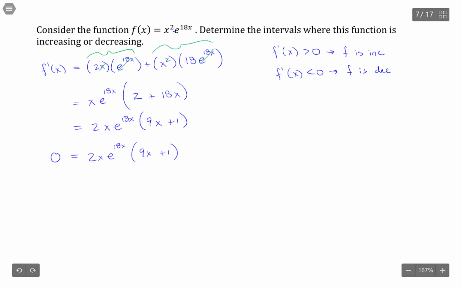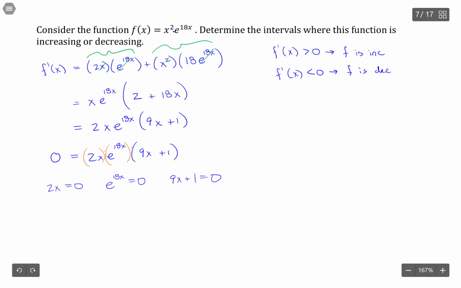Right now I have effectively 3 factors, and the product of these 3 factors is 0. What that means is, in order to have 3 numbers that multiply together that result in 0, the first number had to be 0, the second number had to be 0, or the third number had to be 0.